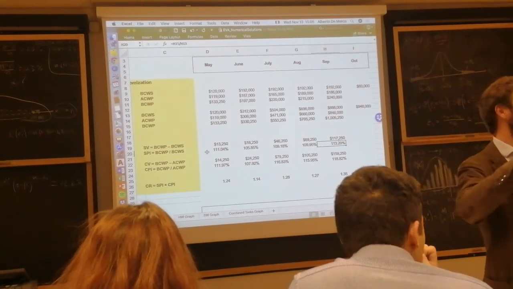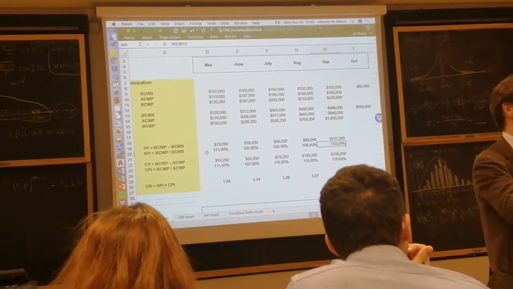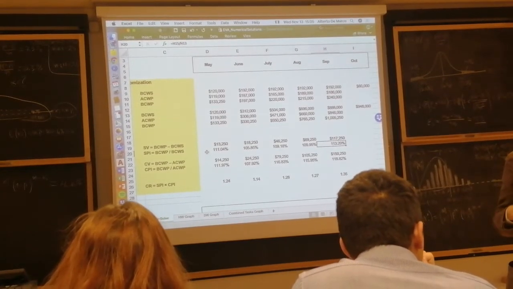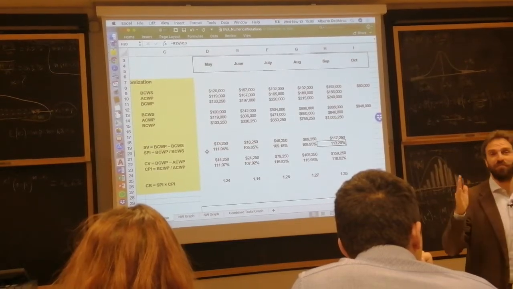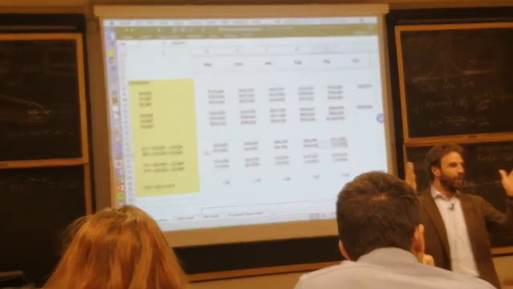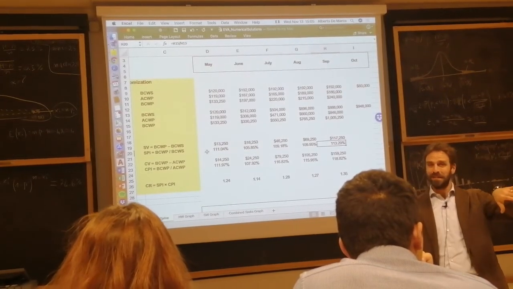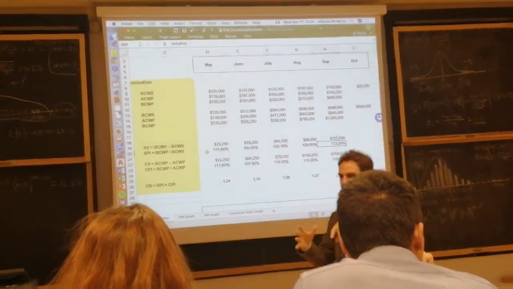If you had done this in May, June, July, you would have taken action much ahead of time to correct the project deviation. Usually there is a time window in which project control is effective, from 20% complete to 50% complete. Whatever you do before that, you don't have data to understand whether the project is really acting good or bad.